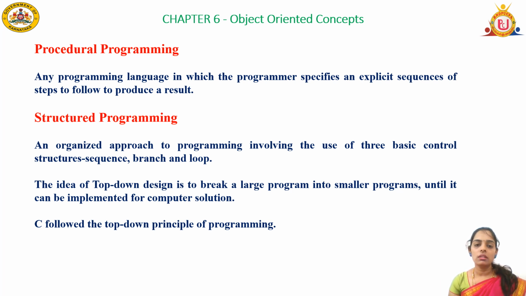So the approach is that we are dividing the program into smaller programs, and each small program is going to give the desired output, and later they will be combined together. So C followed the top-down principle of programming.